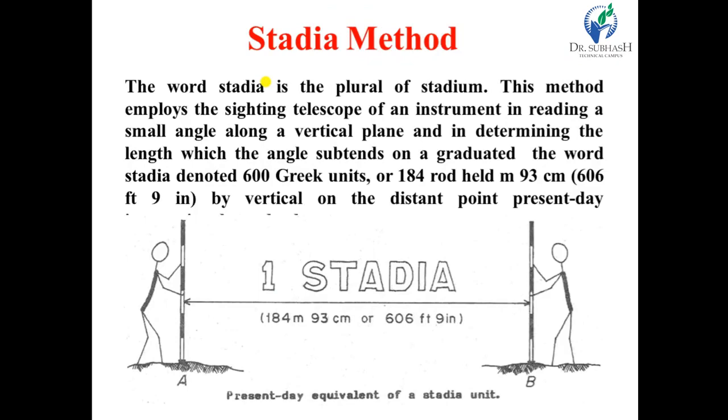Now see in the picture, what is the stadia method. This method employs the sighting of the telescope of an instrument in reading a small angle along a vertical plane and determining the length that the angle subtends on a graduated rod. The word stadia denotes a Greek unit of 600 feet, 184.93 meters or 606 feet 9 inches.